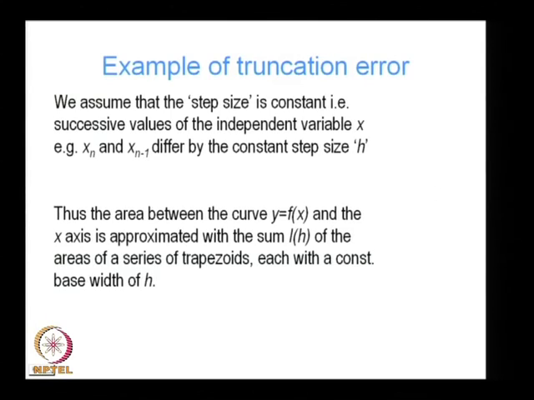That is, successive values of the independent variable x, for example xn and xn minus 1, differ by a constant step size h. Thus, the area between the curve y equal to f of x and the x-axis is approximated with the sum I of h of the areas of a series of trapezoids, each with a constant base width of h.